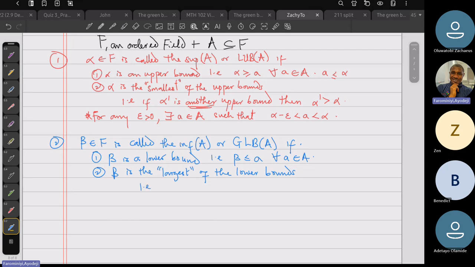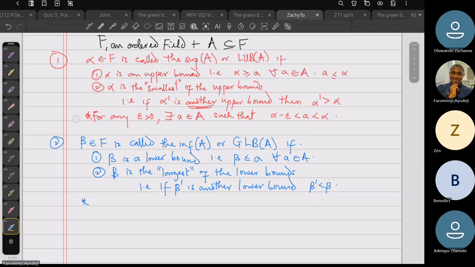It means if beta prime is another lower bound, then beta prime must be less than or equal to beta. So who can try to tell us what the corresponding characterization would be, just like the one we did for upper bound and for supremum?